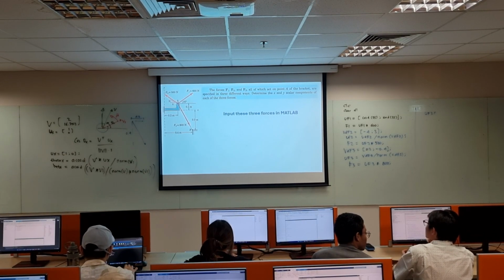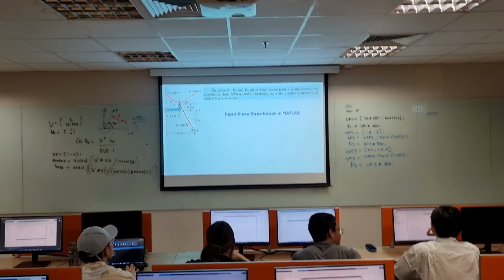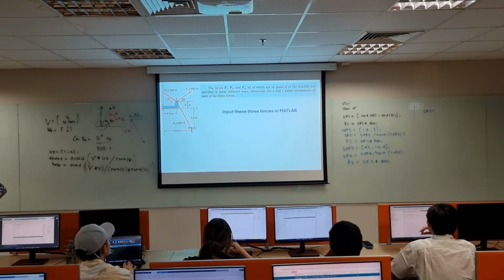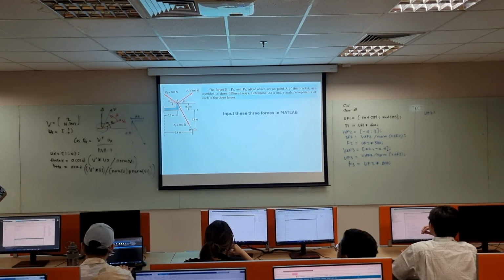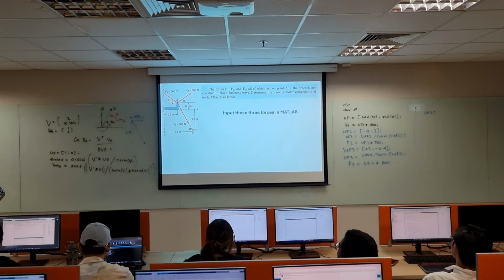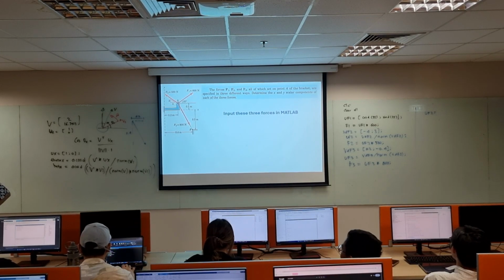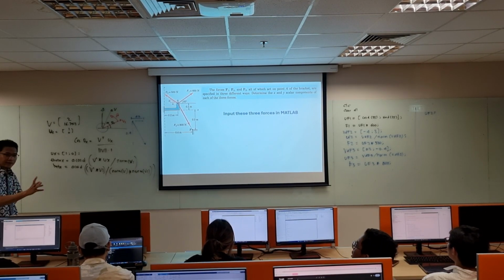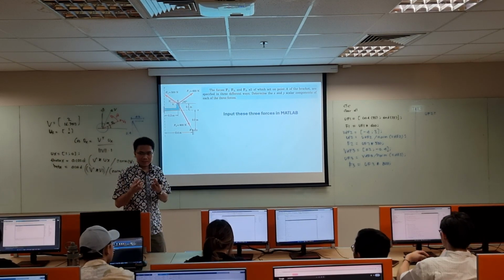Now the challenge. After you've input all of these forces in MATLAB, find the resultant. How do you get the resultant? Yeah, you add all of the vectors.